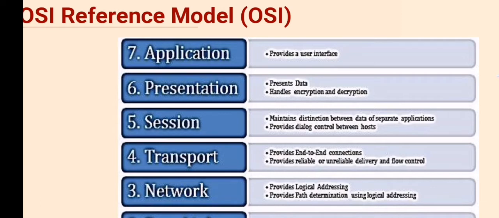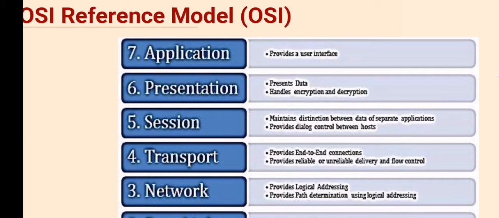Its function includes data file formatting, translation, encryption, and also compression. This layer formats and encrypts data to be sent across a network by providing freedom from compatibility problems. It is sometimes called the syntax layer.